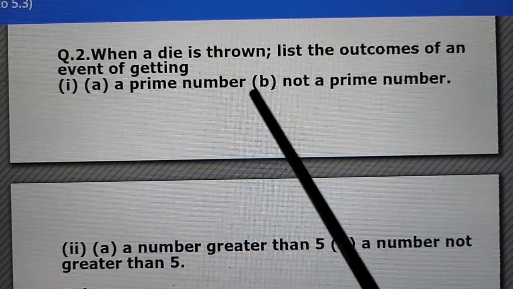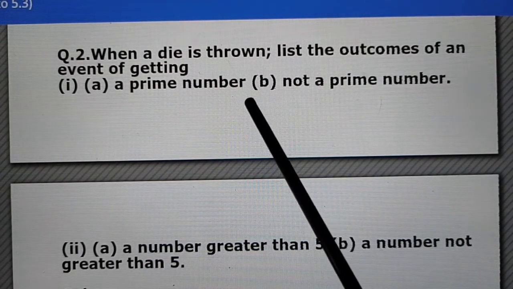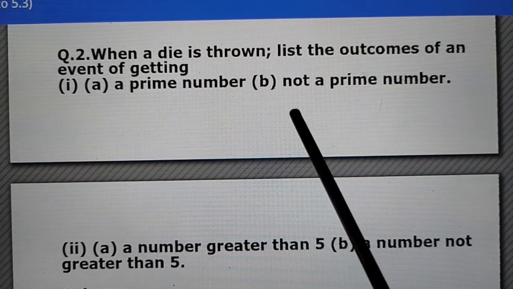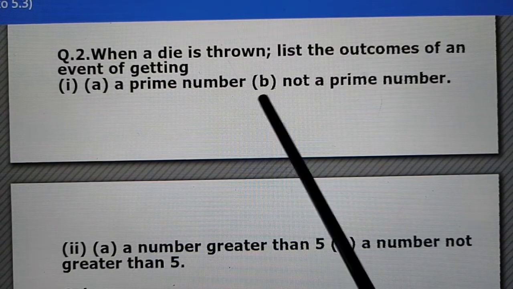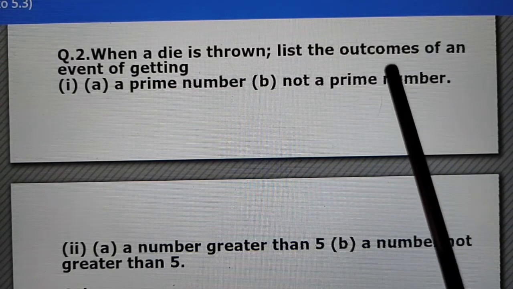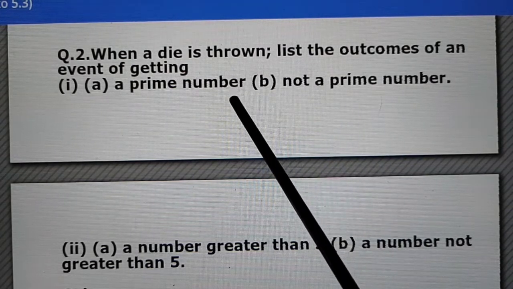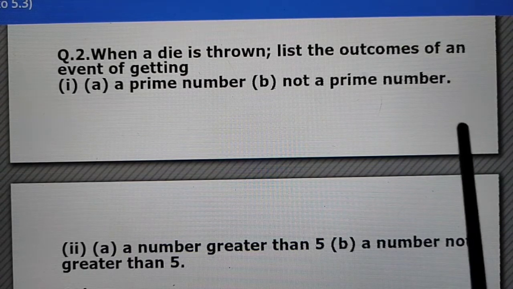So how many prime numbers are there? 2 is a prime number, 3 is a prime number, 5 is a prime number. 4 and 6 can be divided by 2, so they are not prime numbers. First of all you understand what prime numbers are, then you get the answers.